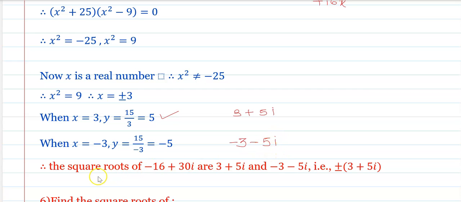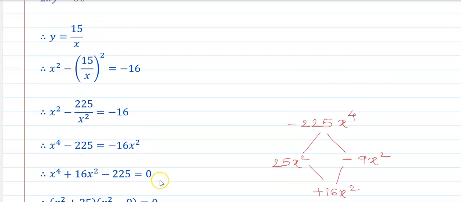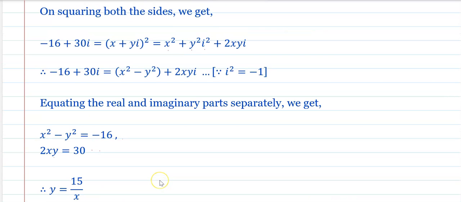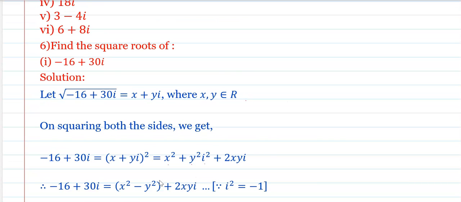And therefore, the square root of minus 16 plus 30i is equals to their roots, 3 plus 5i and minus 3 minus 5i, or in compact form, it is written as plus or minus (3 plus 5i). Okay.